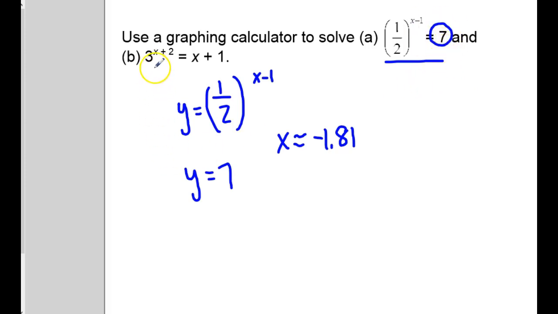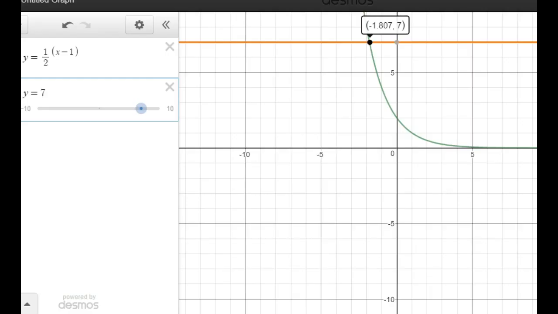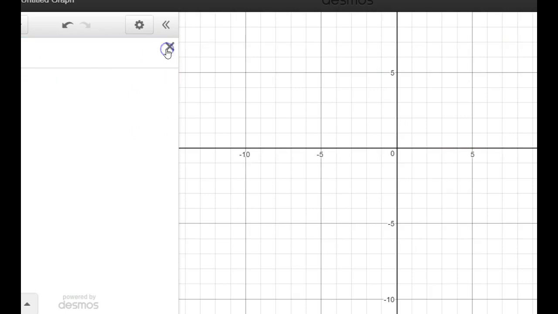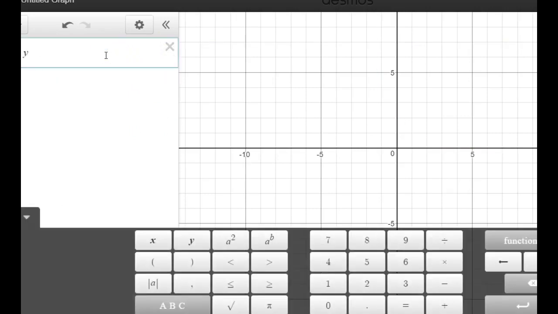Now let's look at part B. I'm going to do the same thing and write my system of equations. We're going to do green for B. So I have y equals 3 to the x plus 2, and y equals x plus 1. Now I can go back to my graphing calculator, or if you're like me, you can just use Desmos, and I write out both of my equations.